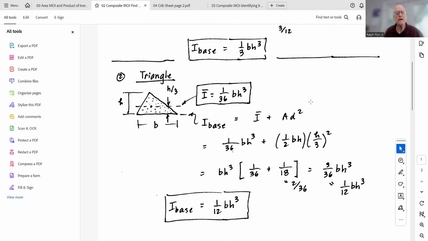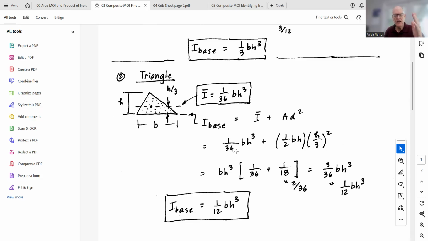So for a triangle, I bar is 1/36 BH cubed, and we seek an I base formula. I base from the parallel axis theorem is equal to I bar plus A D squared. So I bar is 1/36 base times the height cubed, plus the area, which is 1/2 base times height, times the distance from the centroidal axis to the base, which is H over 3 squared.